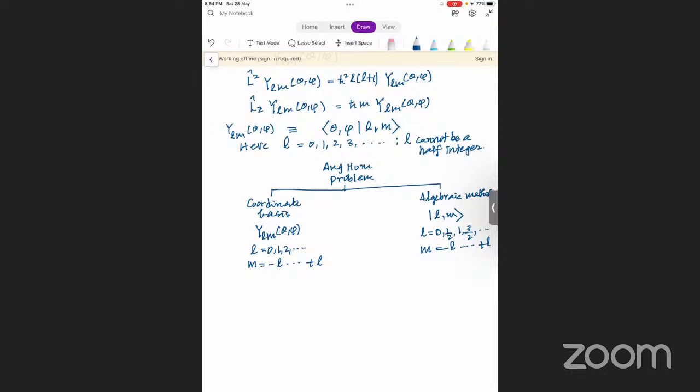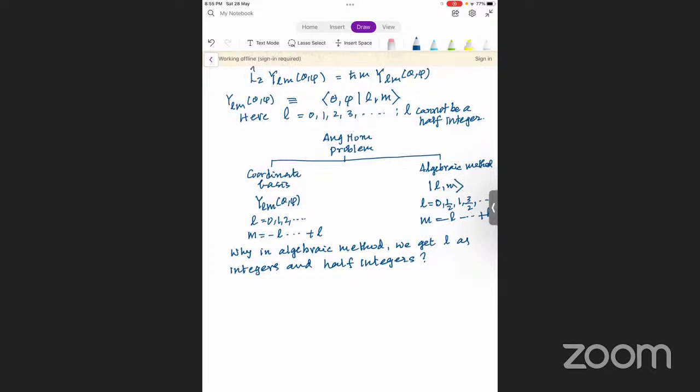Okay. So we ask the question: why in the algebraic method do we get L as integers and half integers? Now, the issue is something like this.